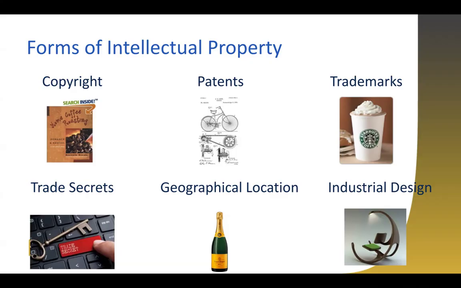So several cheeses are from specific regions in Europe. The most familiar one probably is Champagne. So only the sparkling wine that is coming from the region of Champagne in France can be called Champagne. And otherwise, you have to call it sparkling wine if it comes from Napa.